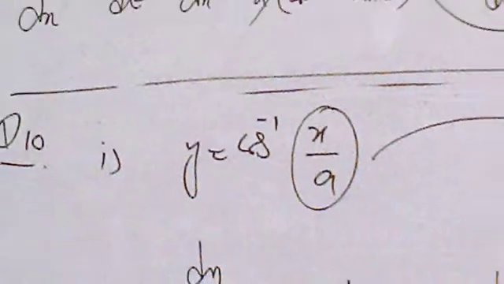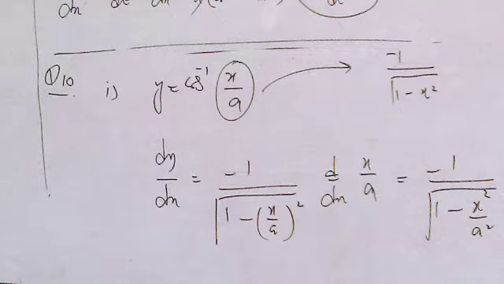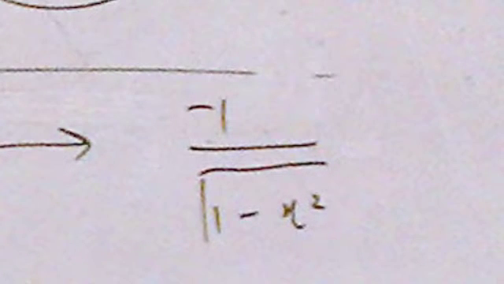Now from question number 10 we apply inverse trigonometric differentiation. The derivative of cos inverse x is minus 1 over the square root of 1 minus x square.